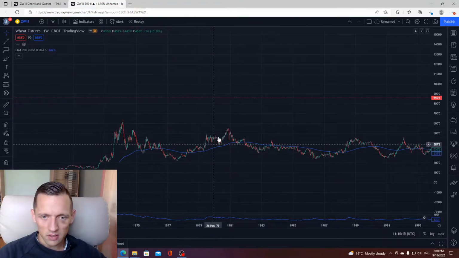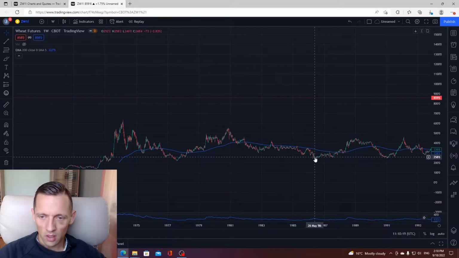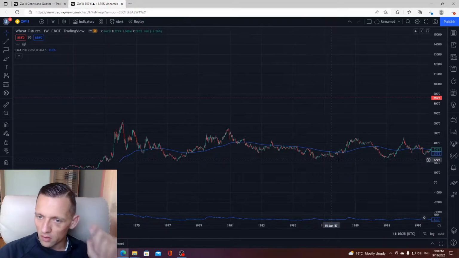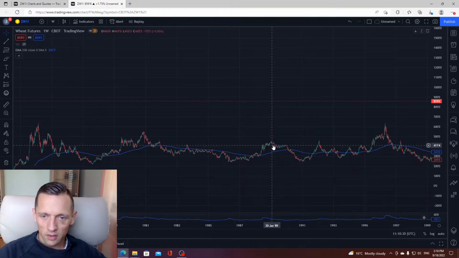It rose slowly but steadily and then continued its downtrend up until late spring 86, from 544 to around $250 per bushel. Then wheat stabilized and didn't do much of interest for a couple of years.